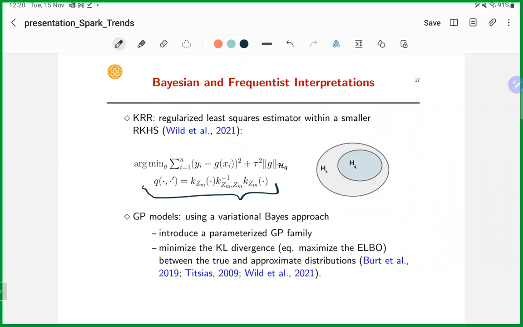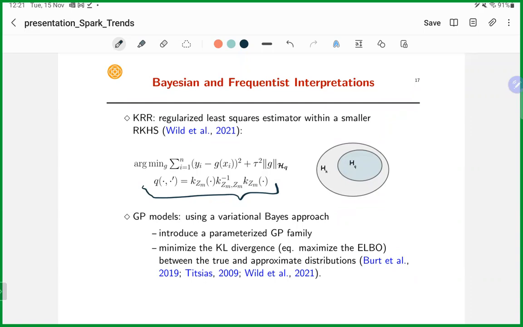So basically, we define a different kernel, which is the span of these M points. The RKHS corresponding to this kernel is the span of these M points, rather than the full kernel. And the prediction is basically the regressor in the regularized least squares estimator within this smaller space HQ rather than HK.